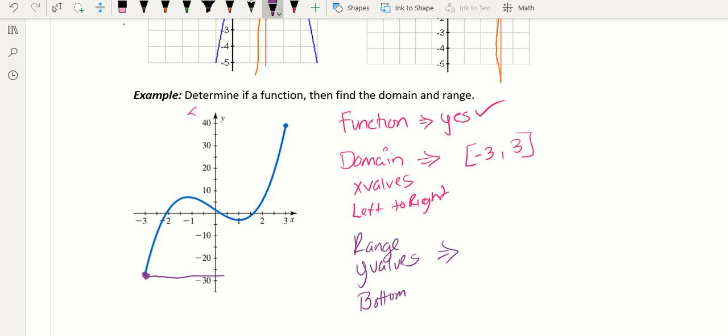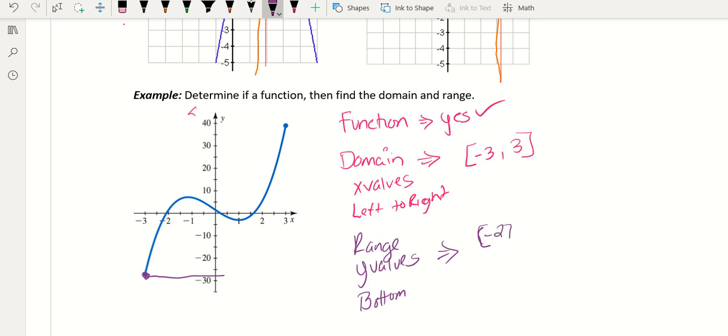So roughly, where does that cross for the y? For the y, this is 10, 15, 20, 25. So we could say roughly a -27.